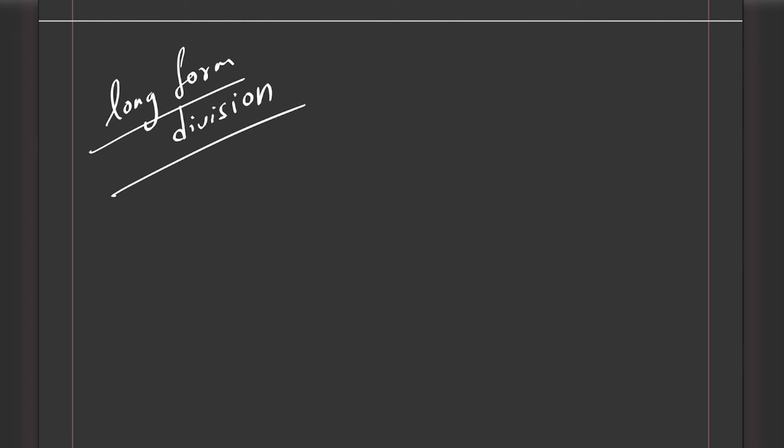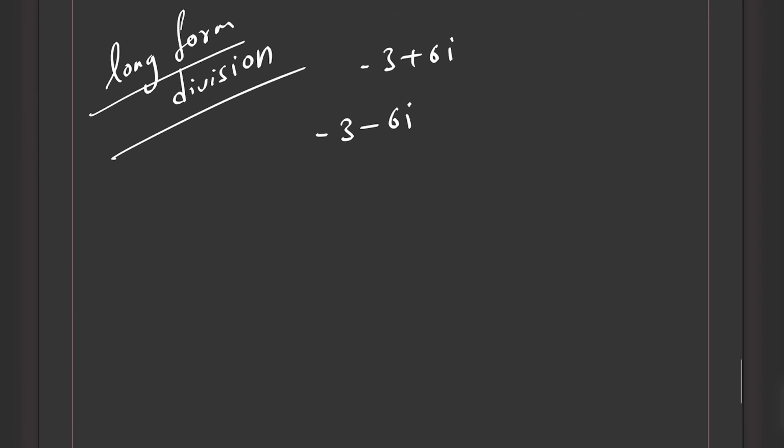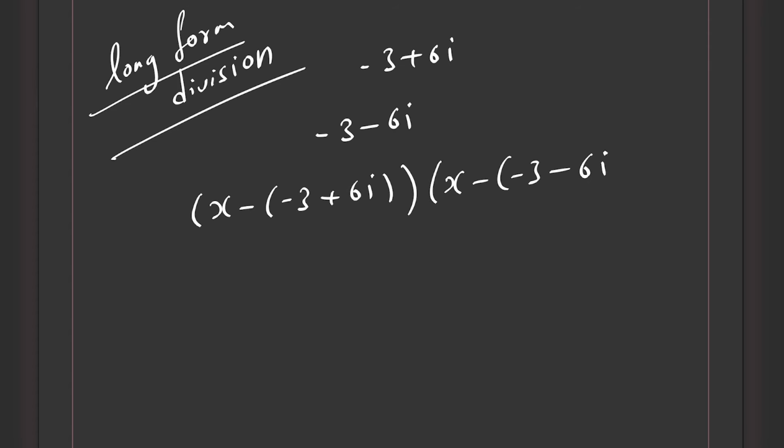So how to proceed with the long form division? We are given a complex root minus 3 plus 6i, right? Minus 3 plus 6i is given to us, and I am also saying minus 3 minus 6i, which is the complex conjugate, is also a solution. So if you multiply x minus of minus 3 plus 6i and x minus of minus 3 minus 6i, this will be your divisor.